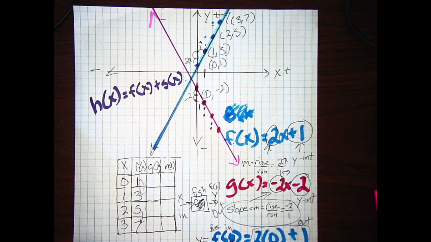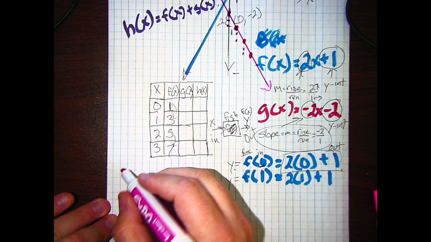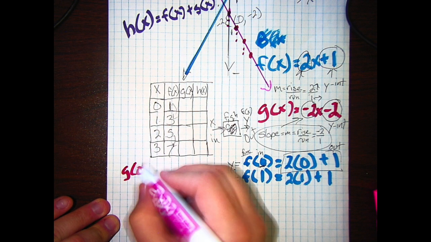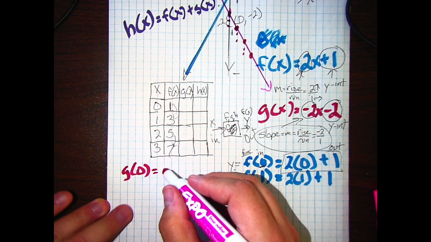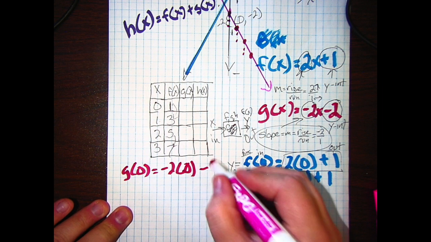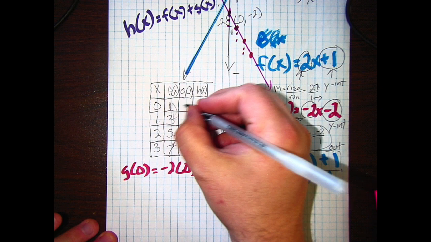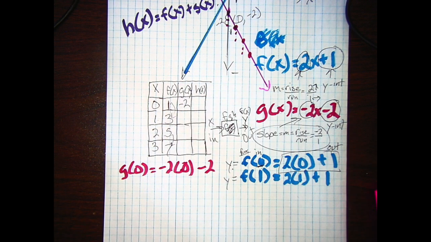Now let's go through and do g of x the same way. g of 0 is equal to -2 times 0 minus 2. What's -2 times 0? 0. And then when we minus 2, we get -2, right?